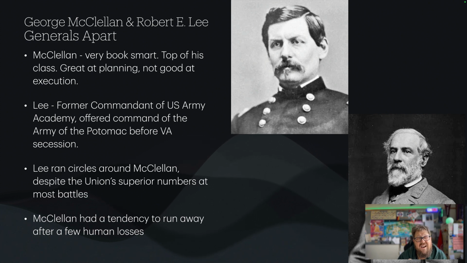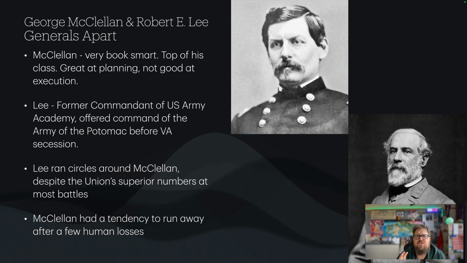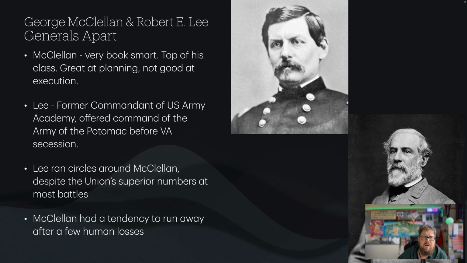He was not a great battlefield general. But he manages to get promoted to not only being a top planning general of the U.S. Army, but also commanding the sort of preeminent army of the U.S. Army, that being the Army of the Potomac, stationed in Washington, D.C.